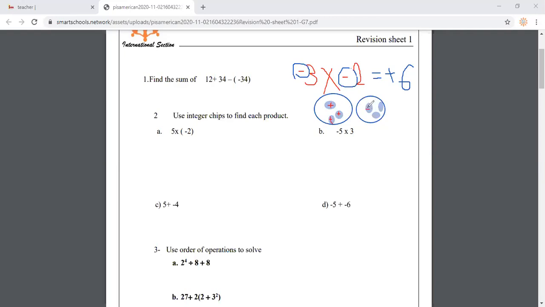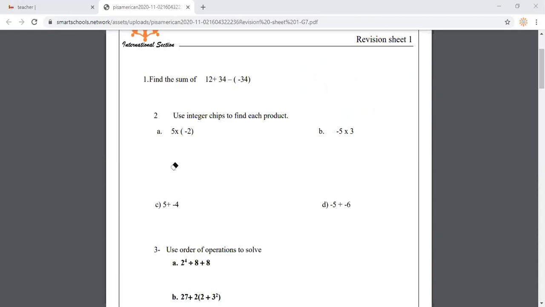What about if we want to work with addition and subtraction? What do we have to do, grade 7? Could you please remind me? Let's move to the next question down here. What about if you have 5 plus -4?